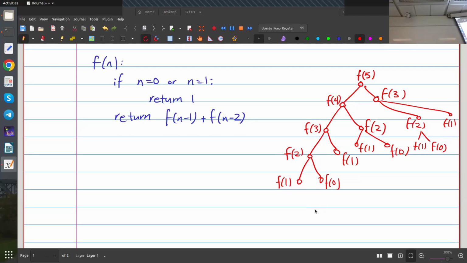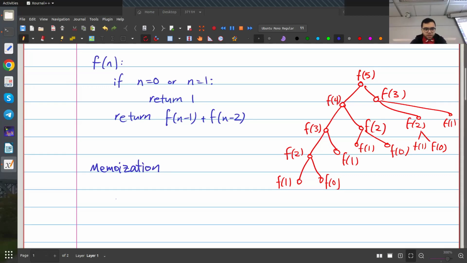I can say whenever I calculate f of some n, I would just write that down in a dictionary and I would remember it. And the next time that I'm asked for the same value, I'm just going to look into the dictionary and return it instead of calculating it again. And this is what's called memoization, because it's like we're keeping a memo.